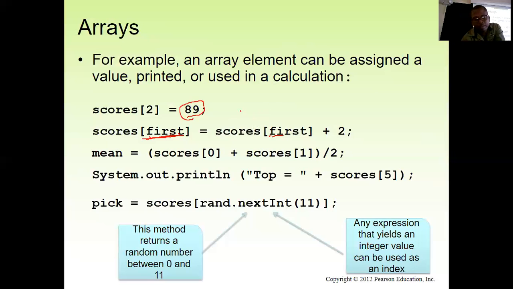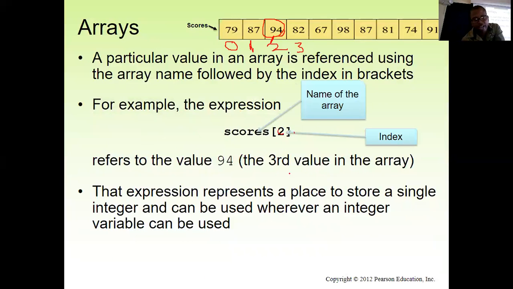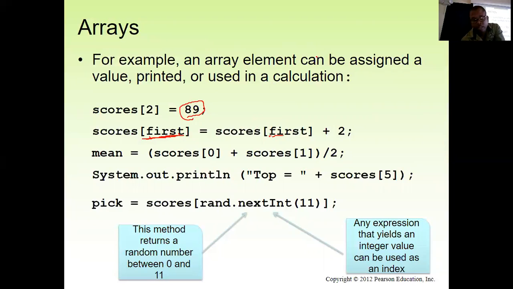So let's say, based on what we have here, position 5 would have what value? This is 4, and this is 5. So position 5 will have 98. So all of this will return the value that is in position 5, which is 98. And then this will be 98 plus 2. So all of that is going to give me 100.